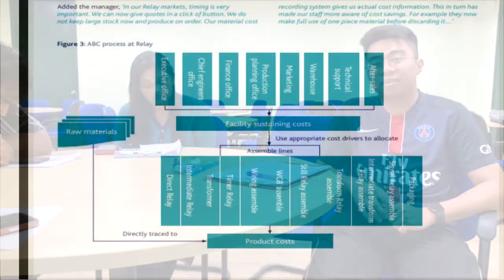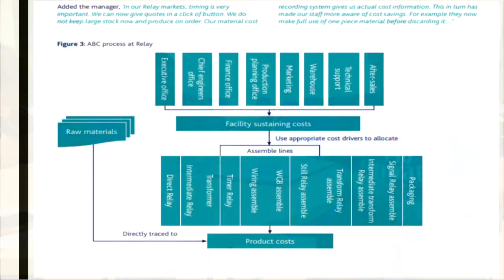Okay, after implementing the real ABC system, in this figure they follow the same approach as the trial, but this time they use the actual activities that I mentioned in 2009. The raw material, as usual, is directly traced to the production cost, and facility sustaining cost is divided by the activities I mentioned just now.